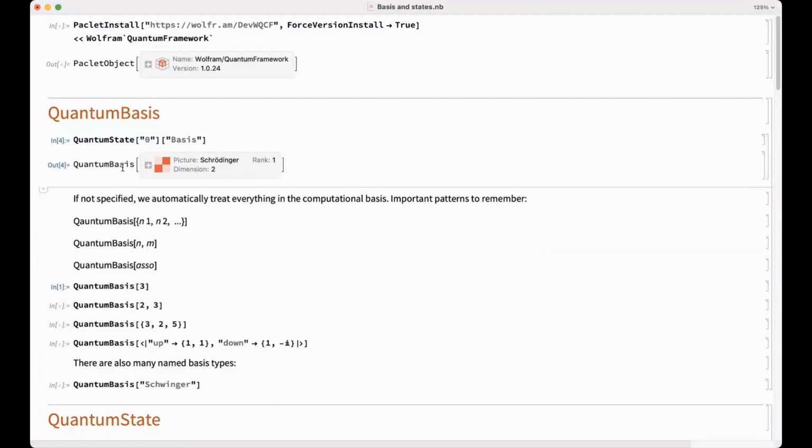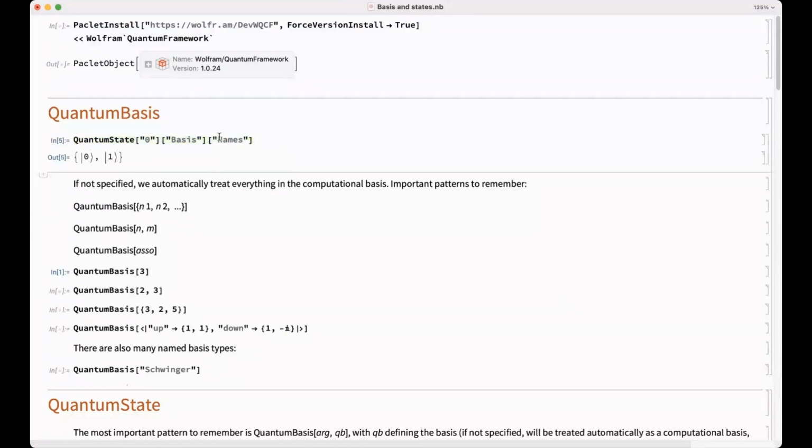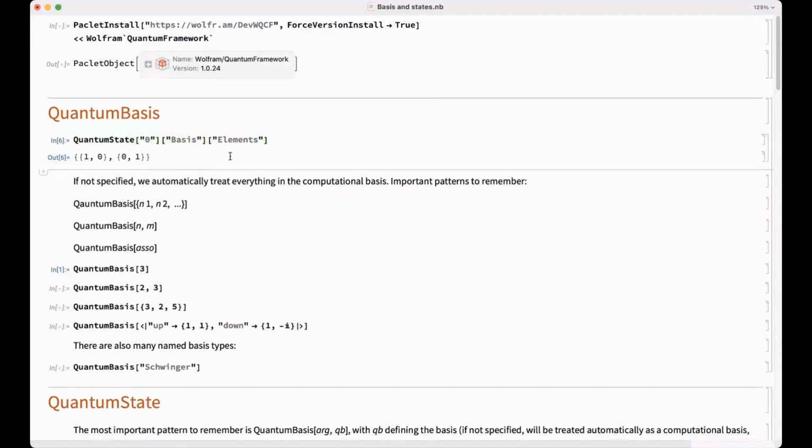So the quantum basis first of all has some names, as you probably noticed. If it's a two-dimensional computational basis, it has a 0 ket and then 1 ket, and each of those is assigned a vector. If you ask for elements, you actually get a vector for each of those names, right?